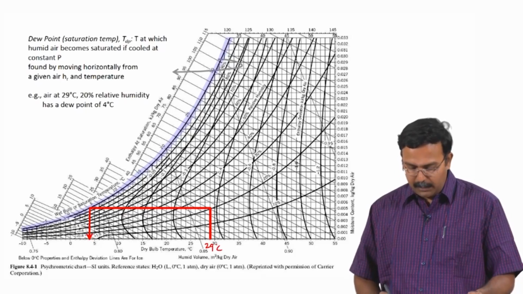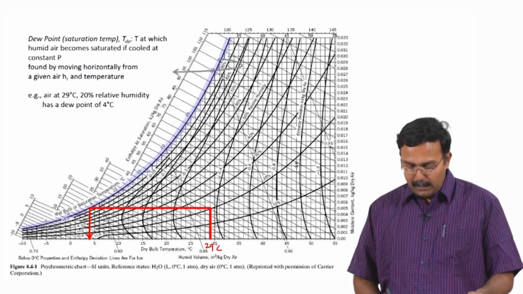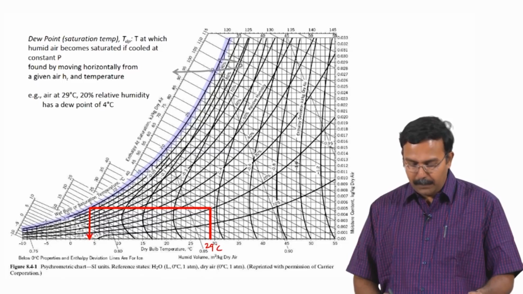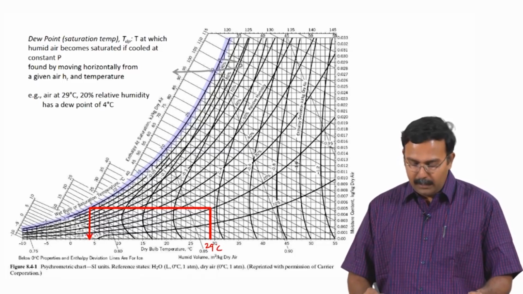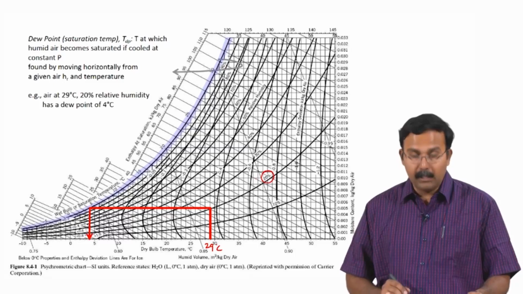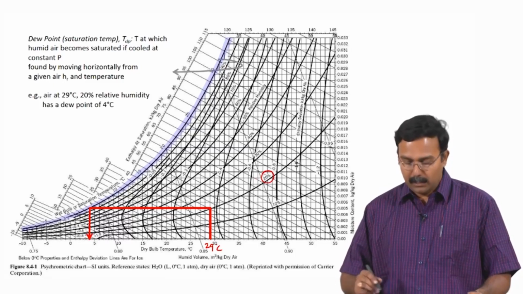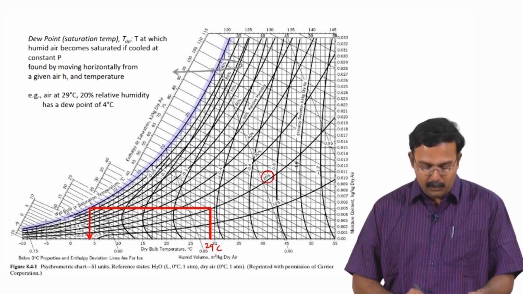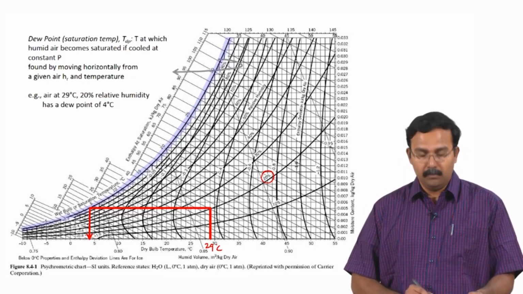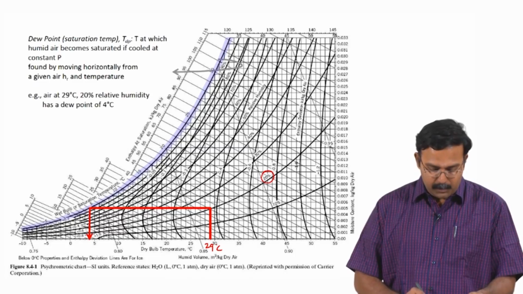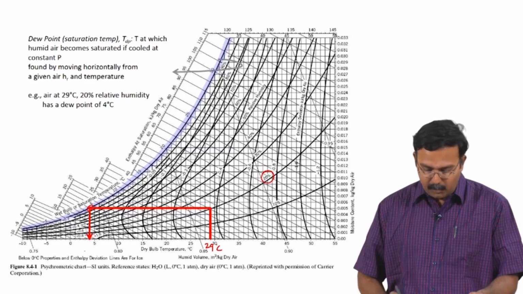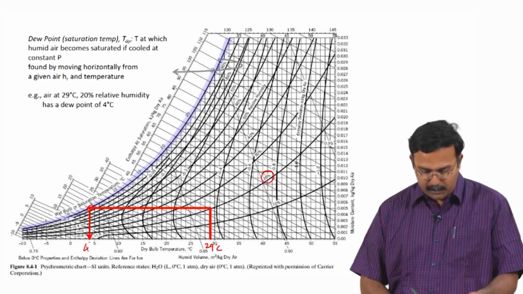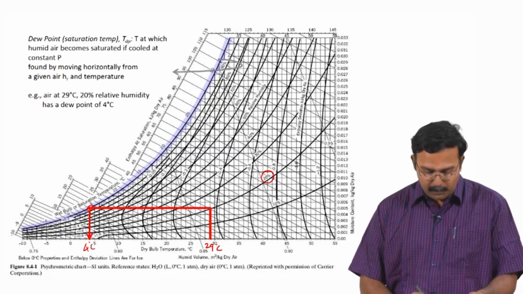The point is identified on the x axis, and then you move vertically up till you reach the relative humidity curve of 20% relative humidity, which is what has been given to us. From here we have to move horizontally all the way to the saturation curve, and at the point where it intersects, you could drop back down to get your temperature on the x axis, which is 4 degrees Celsius, or you could also look it up here.